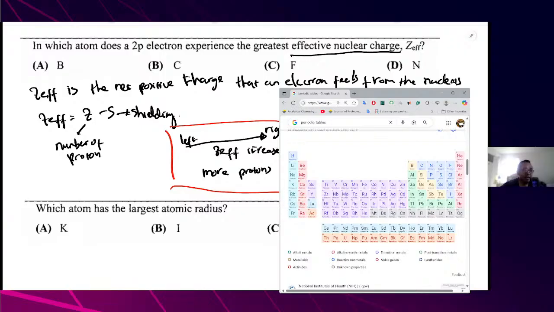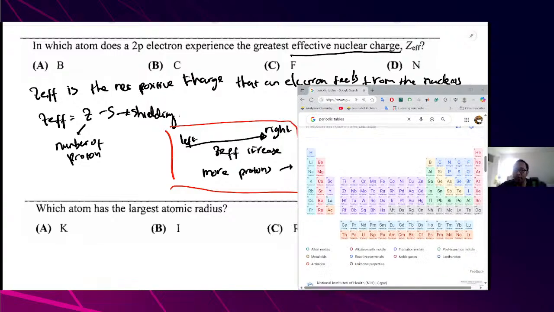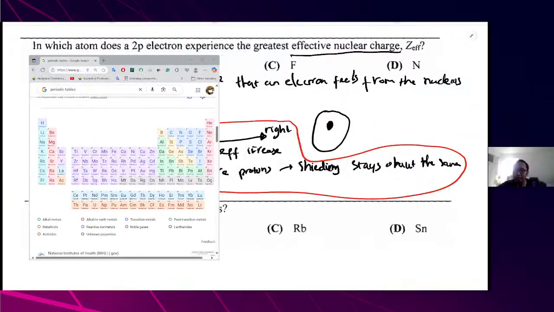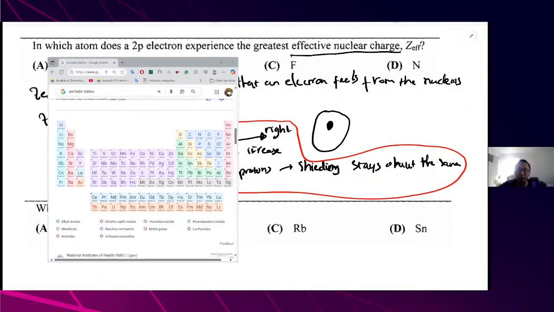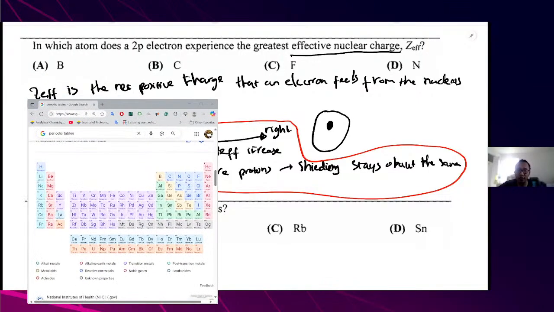Now let's evaluate the options one by one. We can use the periodic table again based on this concept.